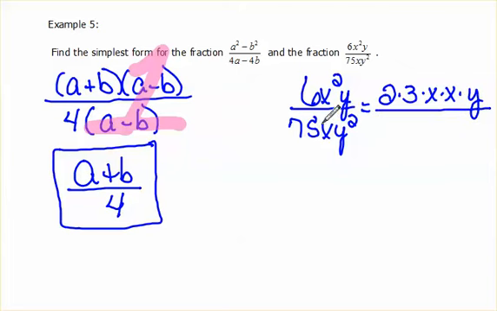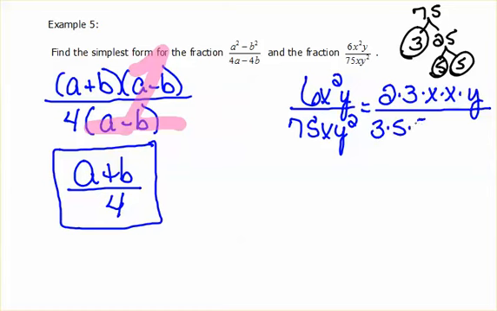For the 75, we may want to go ahead and do the factor tree just so we can see it. 75 would be 3 times 25, and 25 would be 5 times 5. So when I wrote that as its prime factorization, it would be 3 times 5 times 5, and then we would have an x, and then we'd have times y squared, which would be times y times y.